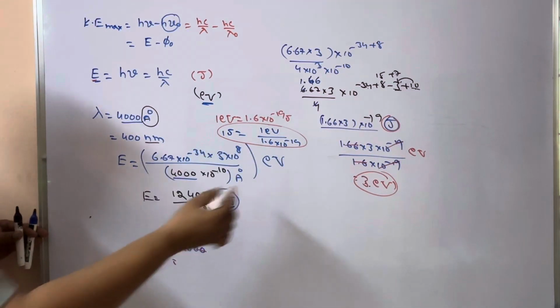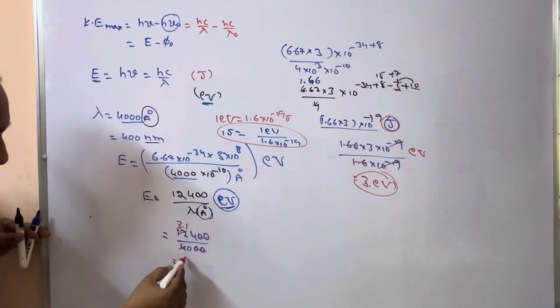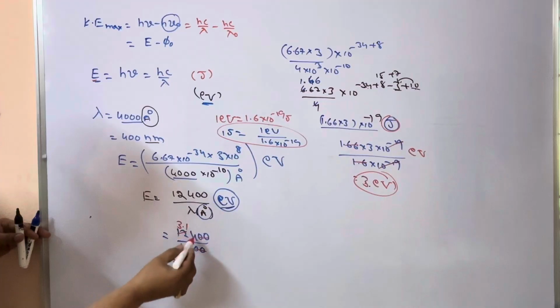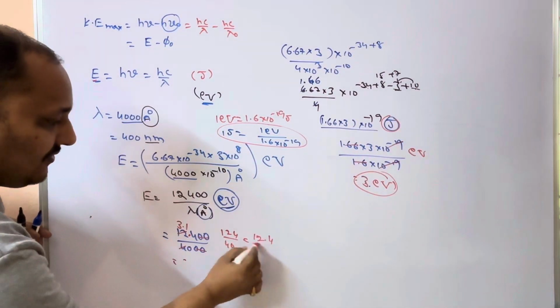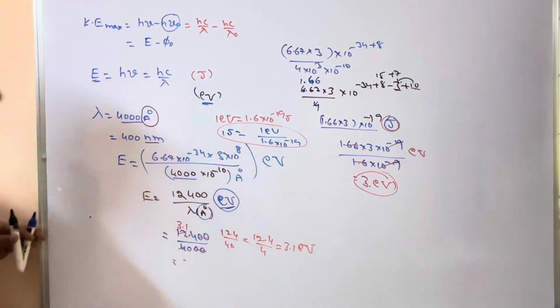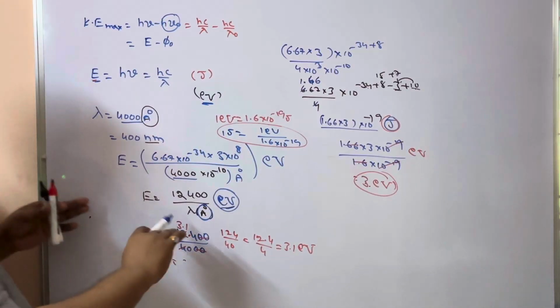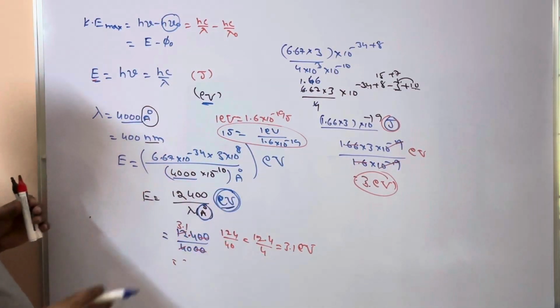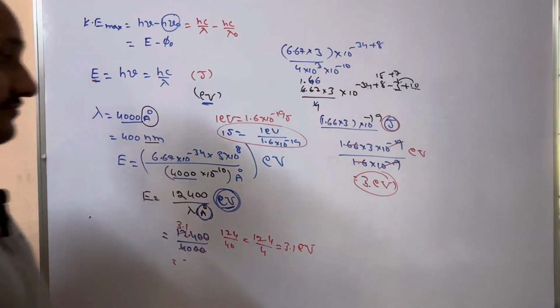You got 3.1 because of this 1.6, which we cancelled. So 12.4 by 4 gives 3.1 eV, electron volt. So directly if you are taking angstroms, you will get the answer directly in eV. Then you need not worry about joules or all this.